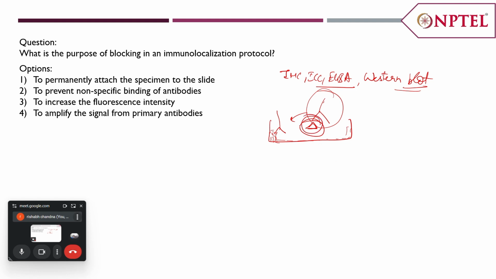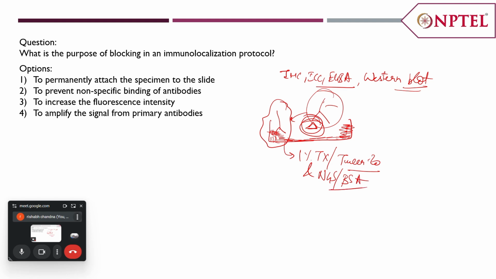So to stop this non-specific binding, we block or cover the other regions that can be bound by this particular antibody with a blocking agent. Generally we use 1% Triton X or a detergent, for example Tween 20, along with a protein like NGS or BSA.